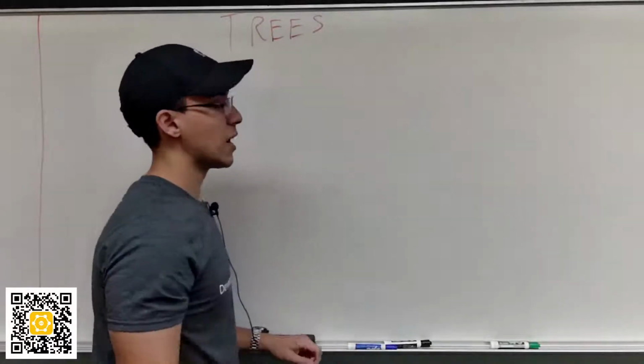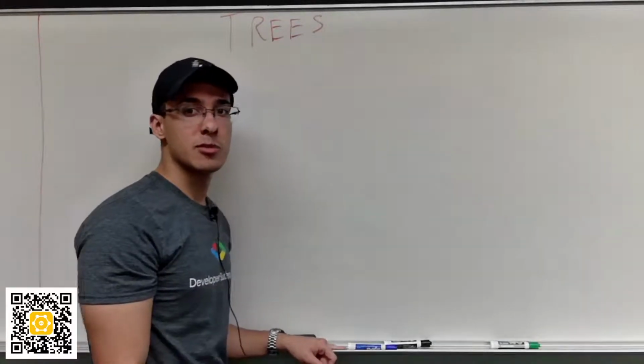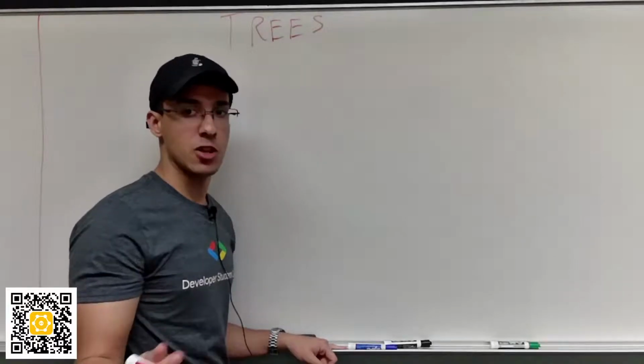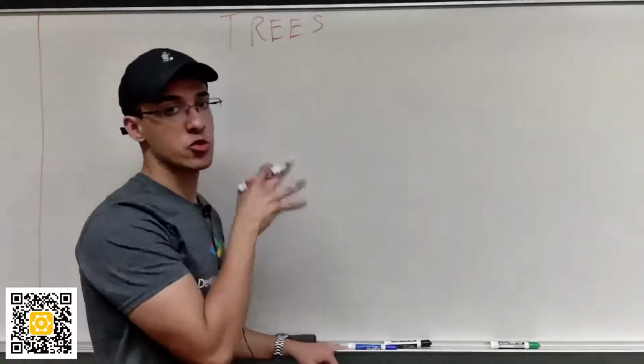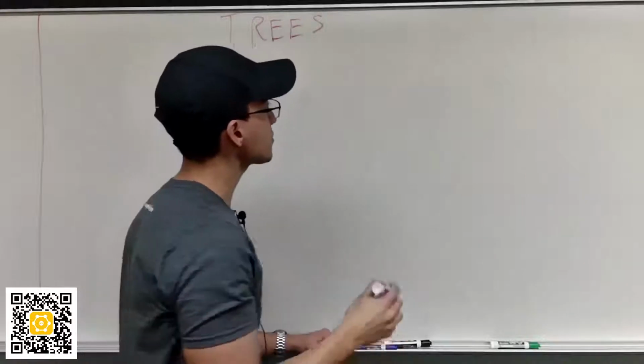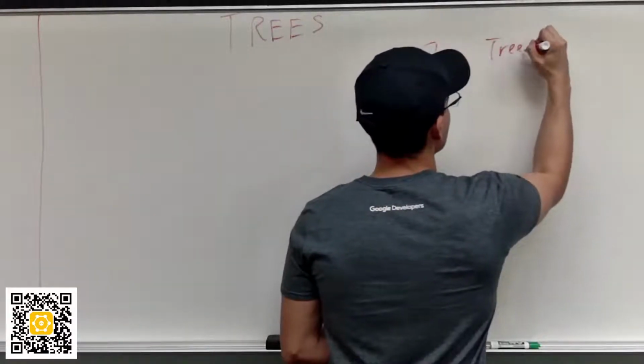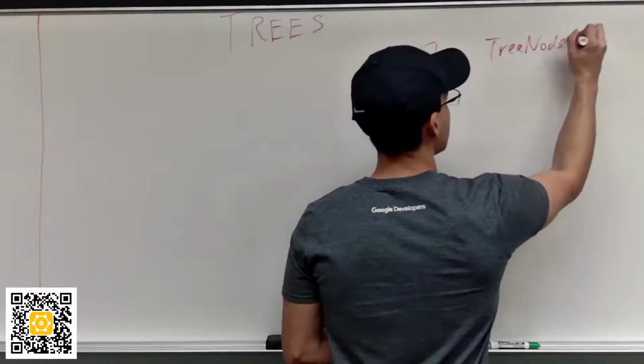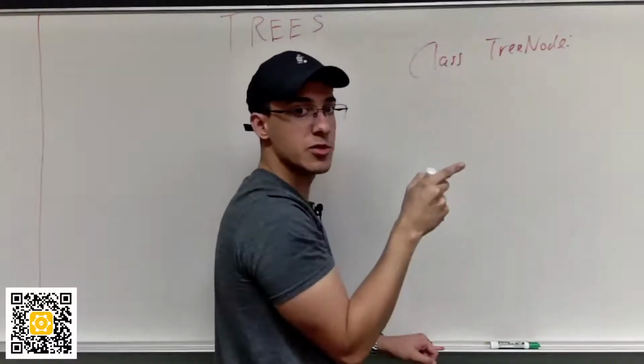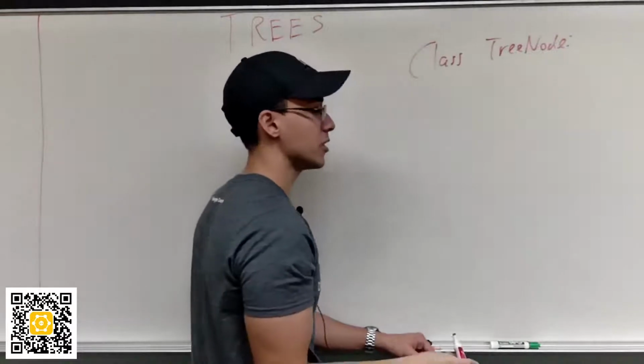I would say that the nodes we talked about before were list nodes. Now we're going to talk about tree nodes. So I'm going to define a class, TreeNode, and LeetCode kind of defines it for you too when you're doing problems like this.